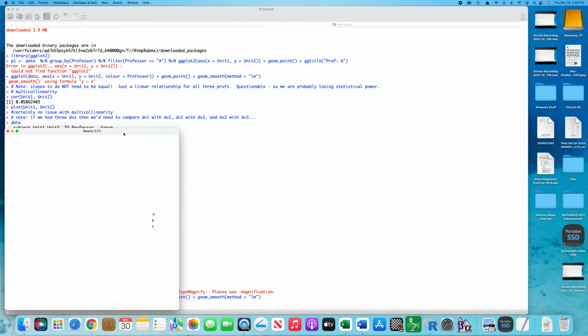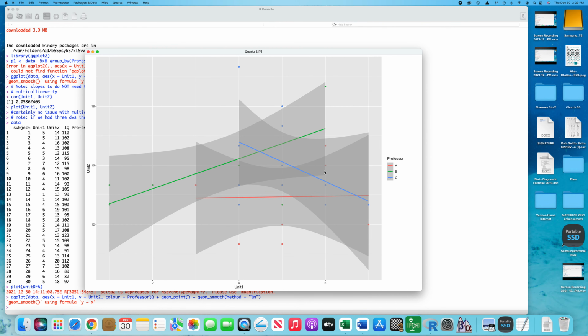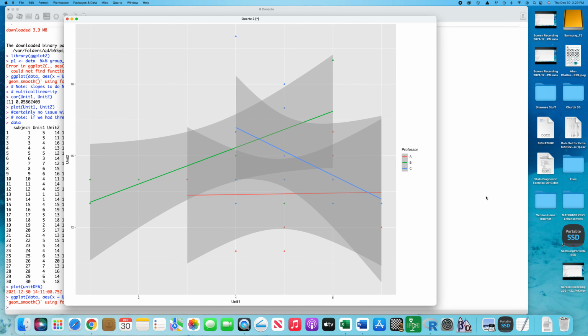What happens here, if it'll load, is we have all the plots on one graph, which is a little confusing. If you have ADHD, it's going to drive you crazy. But what I have to do, first of all, is just try to focus on the green dots. It's fit a linear model, but it doesn't necessarily mean the relationship is linear.